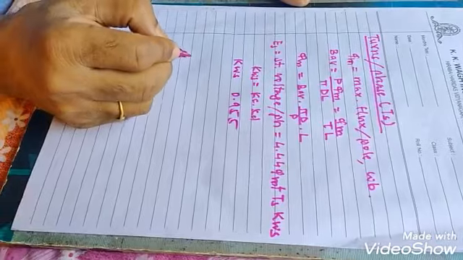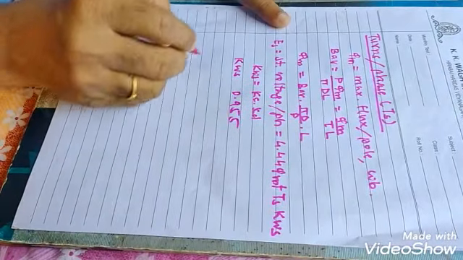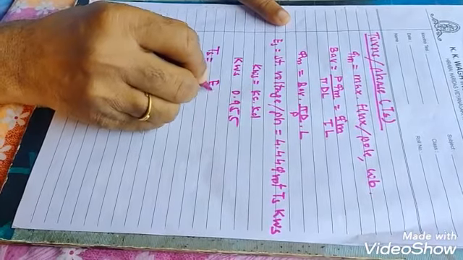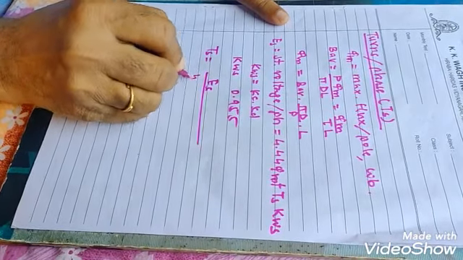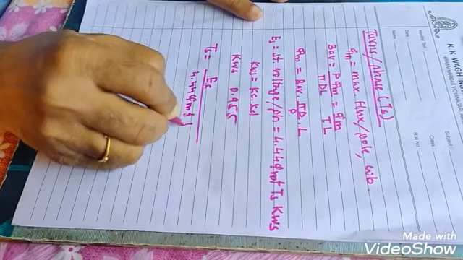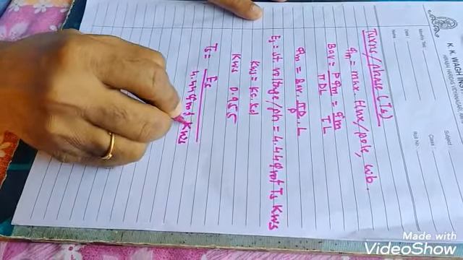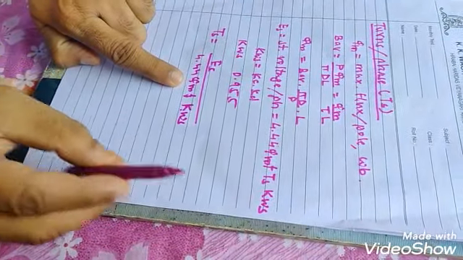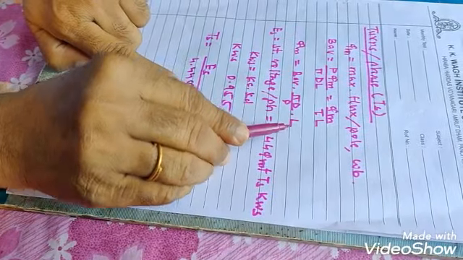Then from this formula we get stator turns per phase. This is ES upon 4.44 phi m f into Kws. This is the maximum flux calculated from this formula.